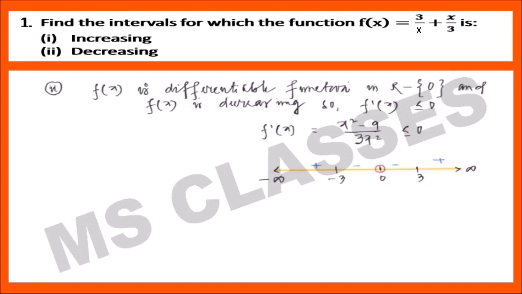So what we observe here, for all x belonging to minus 3 to 0 open union 0 to 3, f'(x) is less than or equal to 0. Therefore, f(x) is decreasing in this interval.